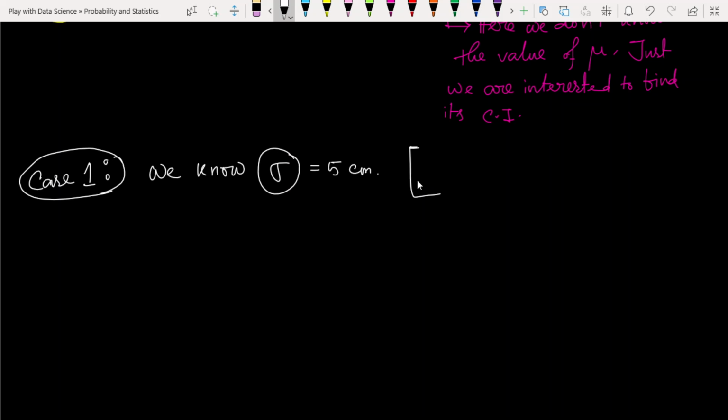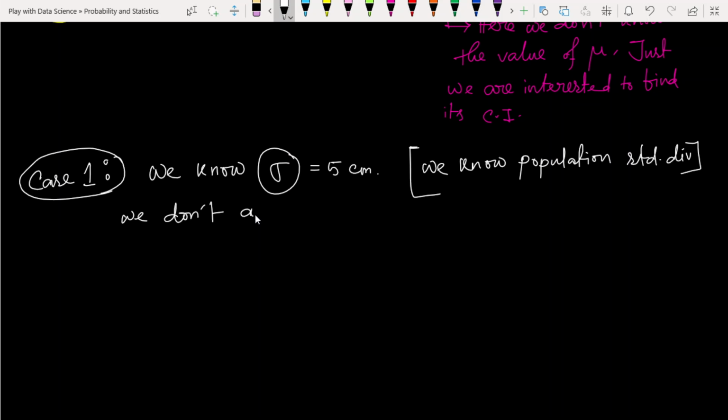Suppose in these cases we know the population standard deviation, and we don't know anything about our population mean.